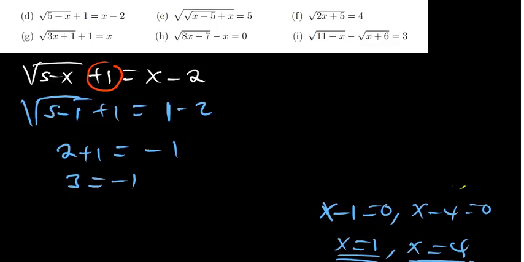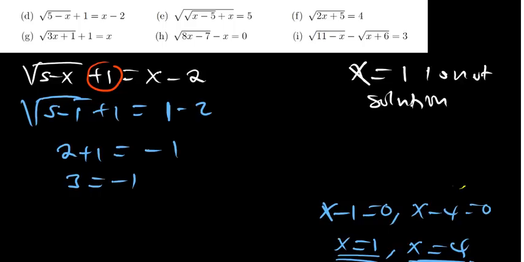Is 3 equal to negative 1? I'm asking, guys. To the left hand side we are finding 3. To the right hand side we are finding negative 1. So x is equal to 1 is not the solution for this equation.